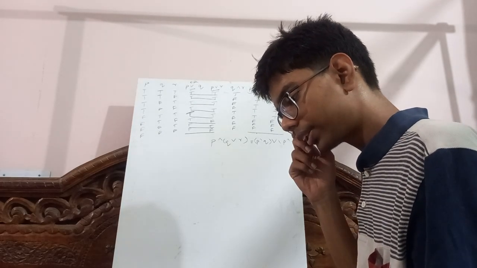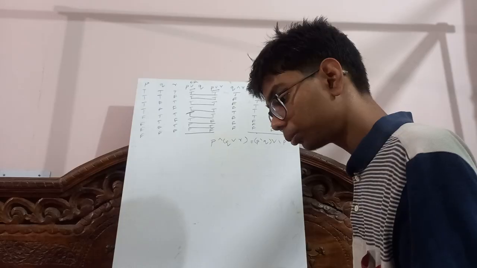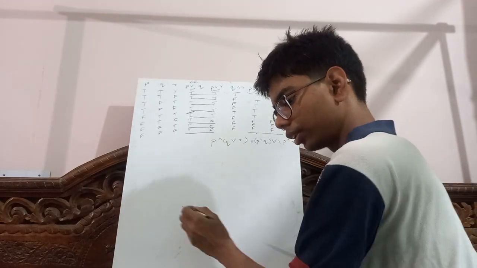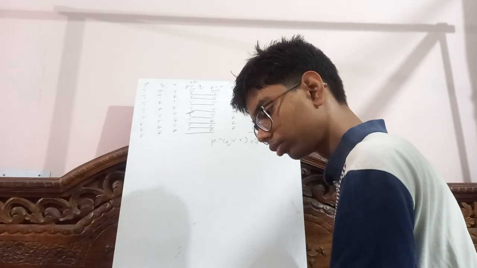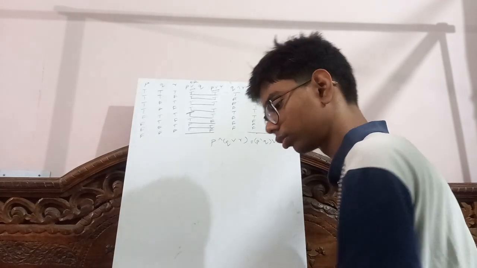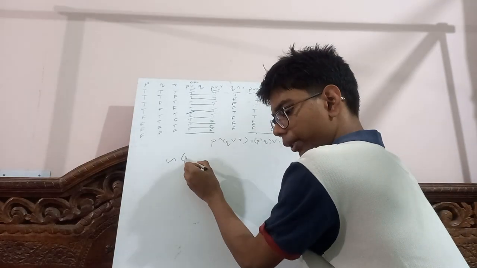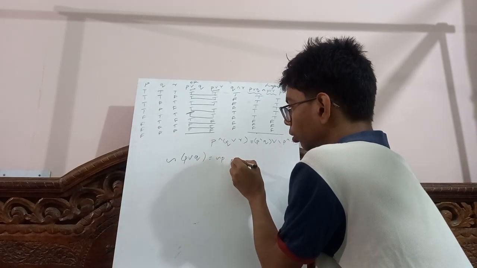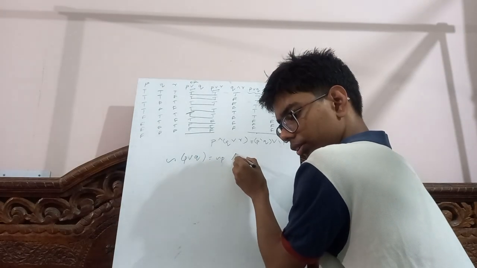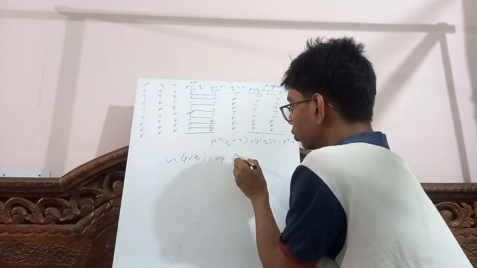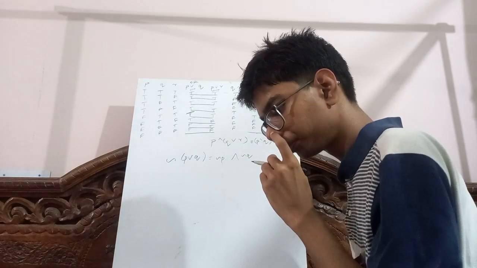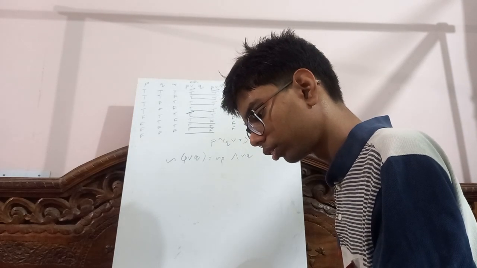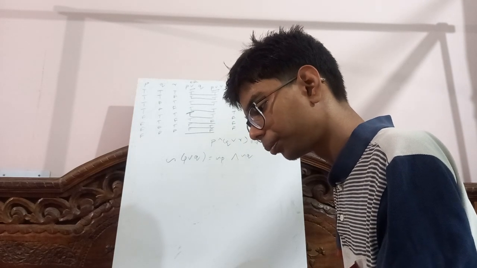Now, what is De Morgan's law? De Morgan's law is negation of P or Q is equal to negation of P and negation of Q, right?